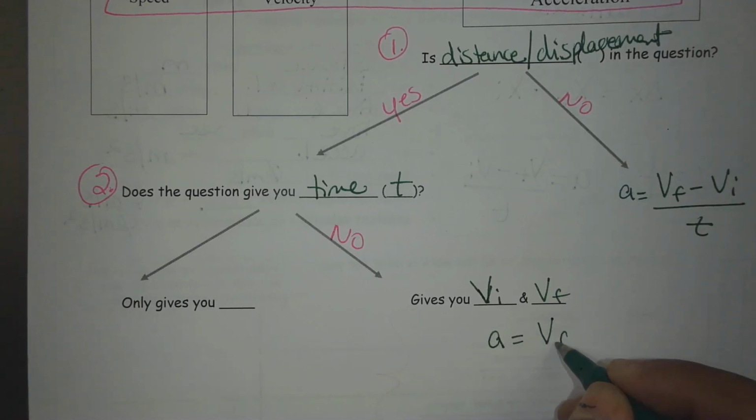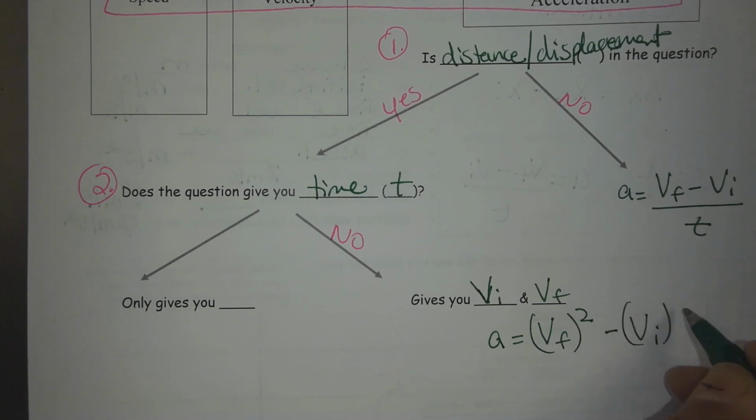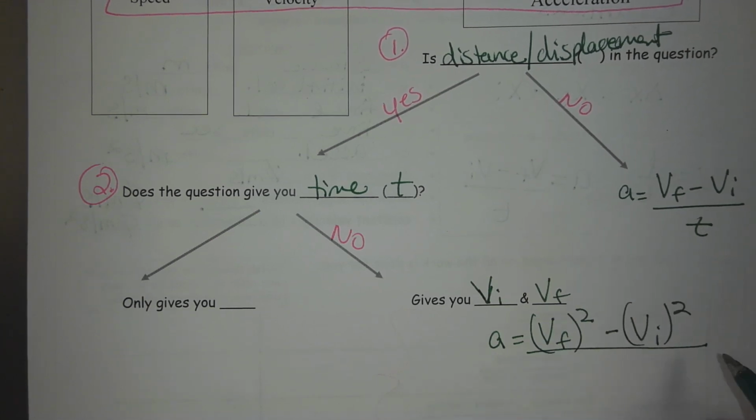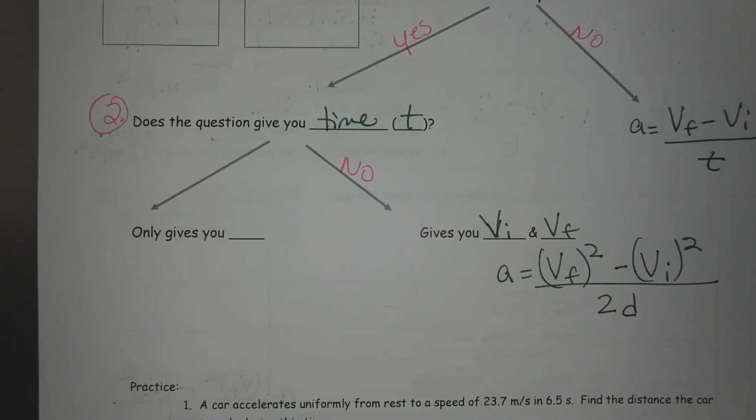I promise you, this flow chart is good. It's like a 98% guarantee. That's the equation that we had from the front page. You're going to use this equation if t was never given to you. But wait a minute.